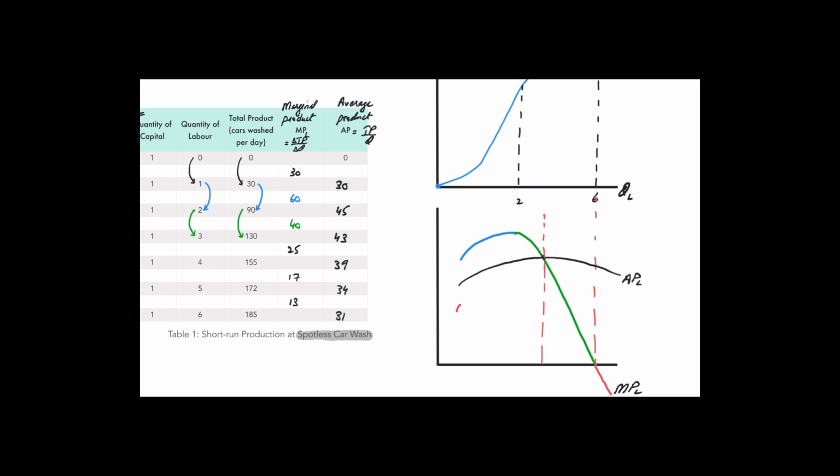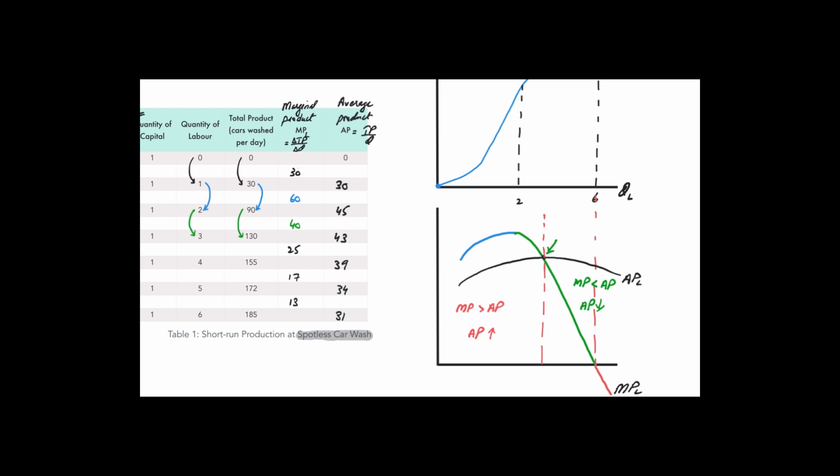So as long as the marginal product is greater than average product, we say average product is going to rise. At higher quantities, MP is lower than average and it's going to cause the average to fall. And we can see it right here. Marginal is below the average, so average is going down.